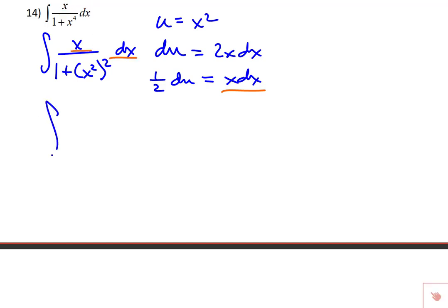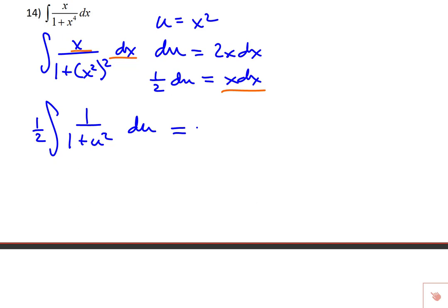Furthermore, we could rewrite this as the integral of, so x dx are gone, that's just the du replacing it, the 1/2 should be out front, we'll put the du at the end, and then really this is 1 over 1 plus u squared, since we let u be this x squared. Conveniently now you may recall that this is actually one of our inverse trig derivatives here.